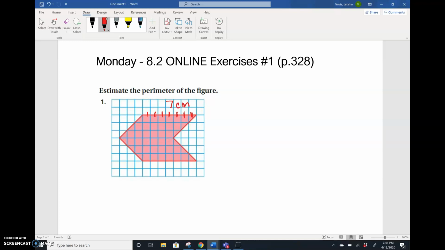Next we look at the bottom lines and do the same thing. It's going to be equal to the top, but I'll count them to be detailed. We have 1, 2, 3, 4, 5, 6, 7. So that's counting the horizontal lines.